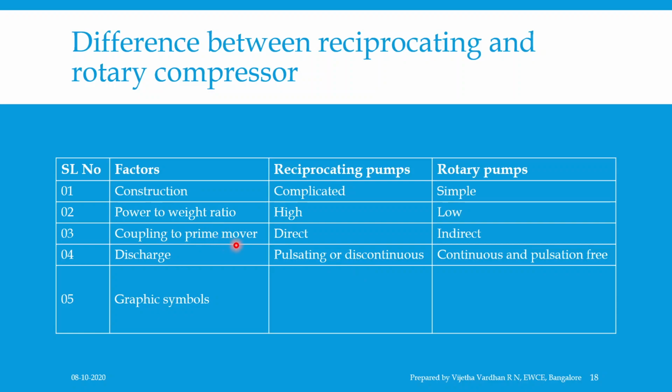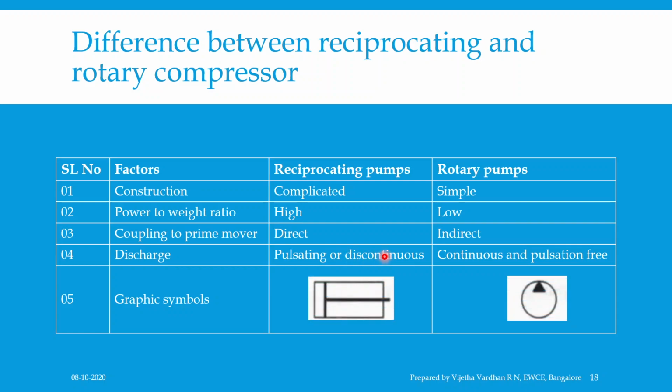Coming to coupling to the prime mover, we can directly couple reciprocating pumps, but we cannot directly couple rotary pumps. Then coming to discharge, it is pulsating in reciprocating, whereas in rotary pumps it is continuous. Whatever pumping takes place will be continuous here, whereas in reciprocating it is discontinuous. Coming to the graphical representations, this is how we represent it graphically.